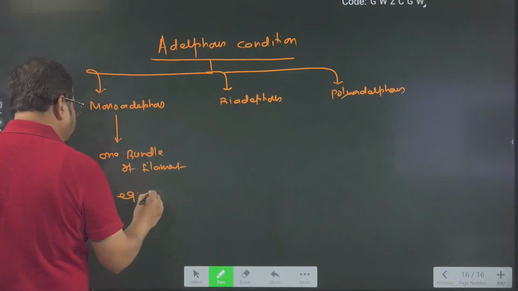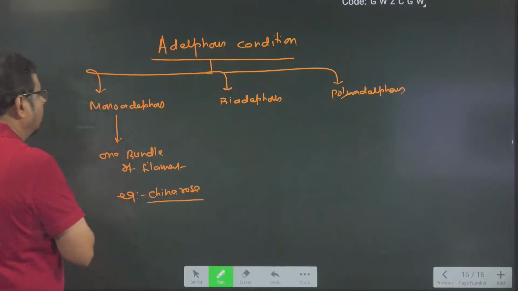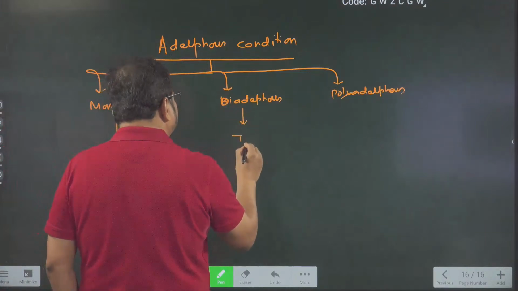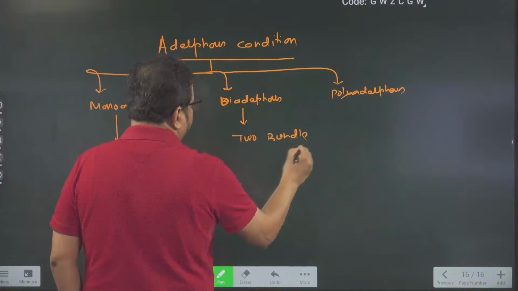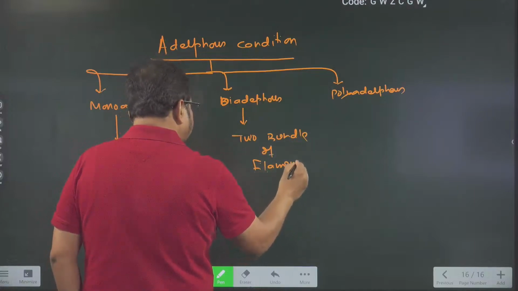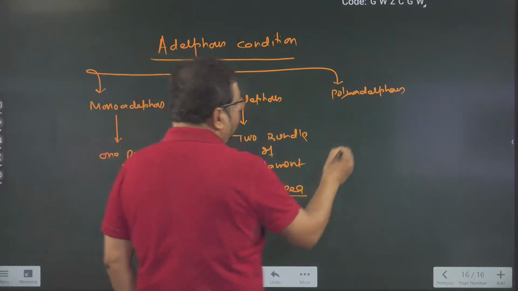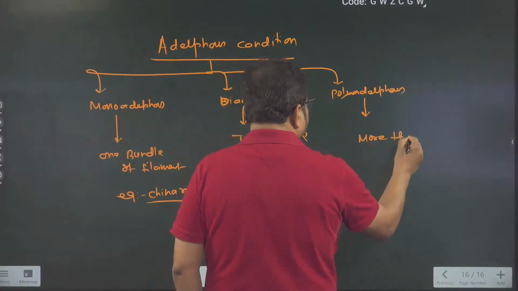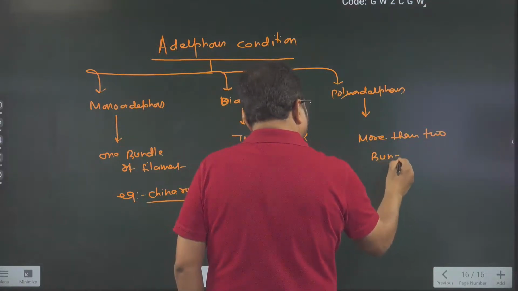Example is China rose. In diadelphous, two bundles of filaments. Example is pea. And in polyadelphous, more than two bundles of filaments.